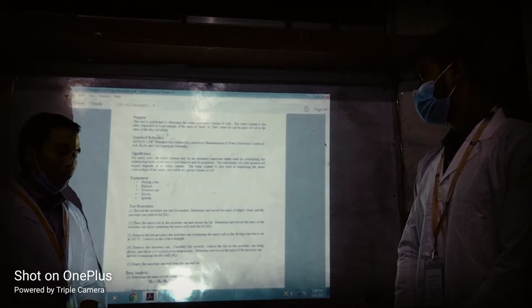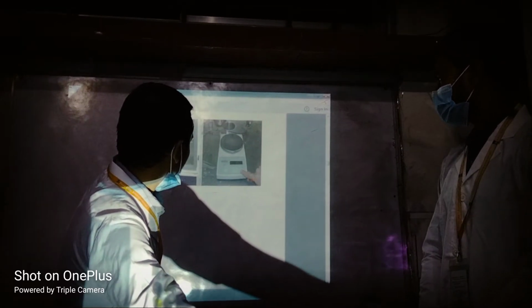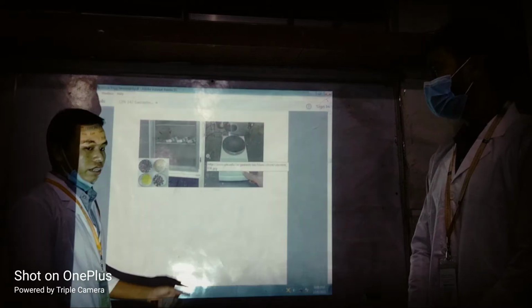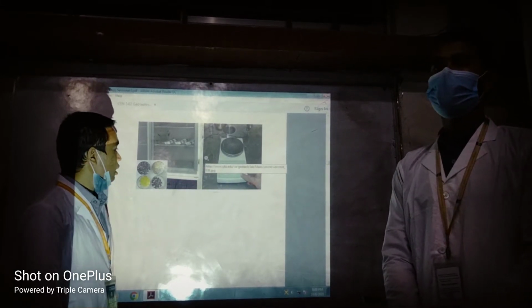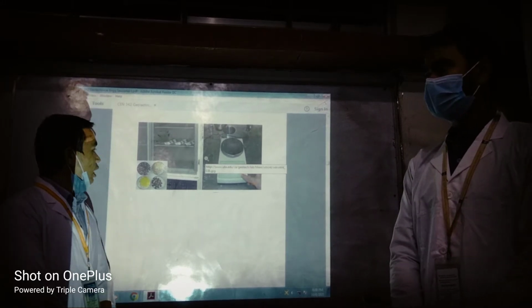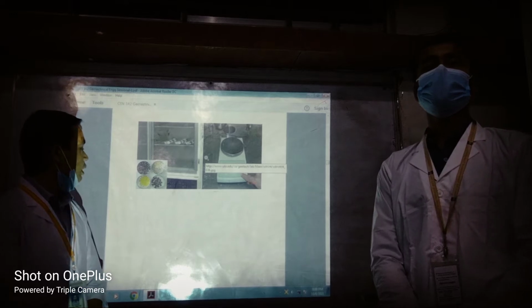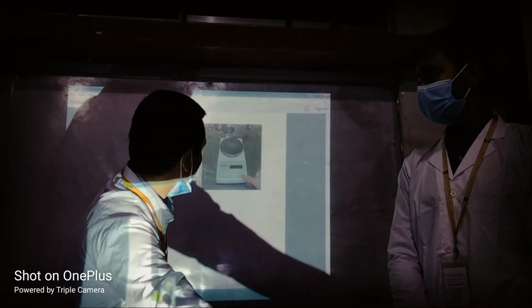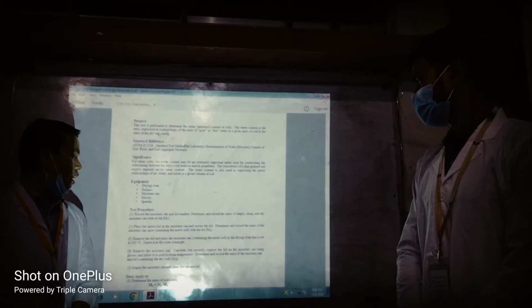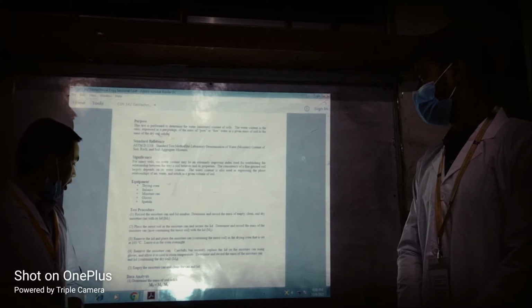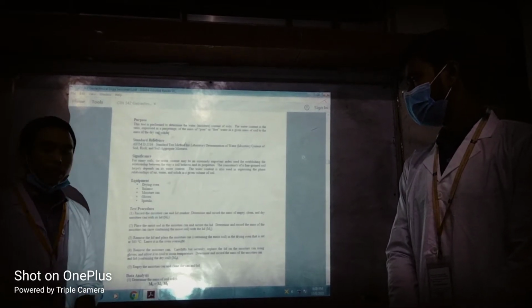We have to use gloves and protect it. Now we have to determine and record the mass of the moisture can and lid.